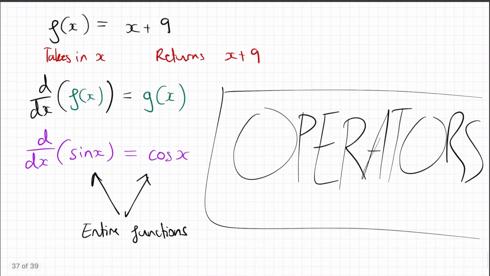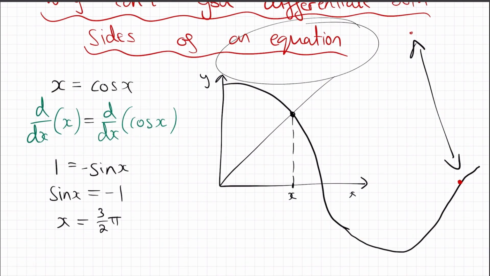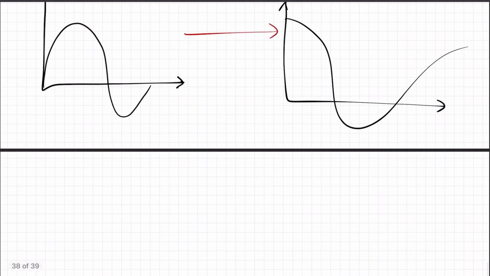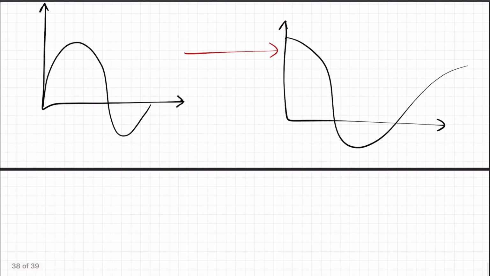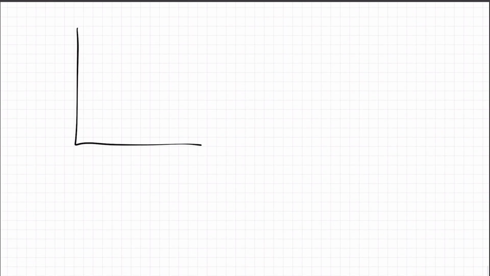So now this should make sense why we can't take the derivative of an equation, because the derivative function transforms functions. Let's carry on over here and draw our graph.